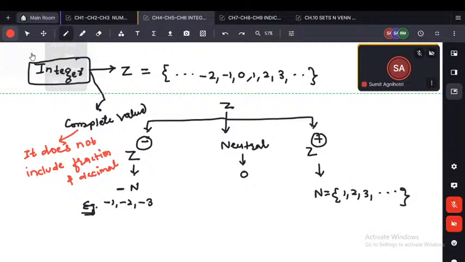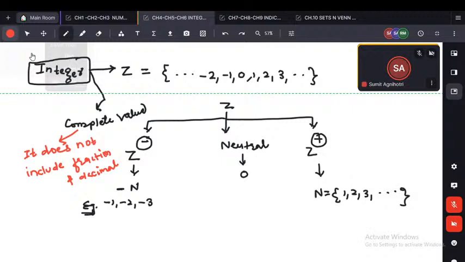Okay, then come to the fraction. The second topic we are supposed to discuss today is fraction. I will first tell you about these three topics, then we will start solving some questions. Because integer doesn't include fraction, which number is going to include fraction?